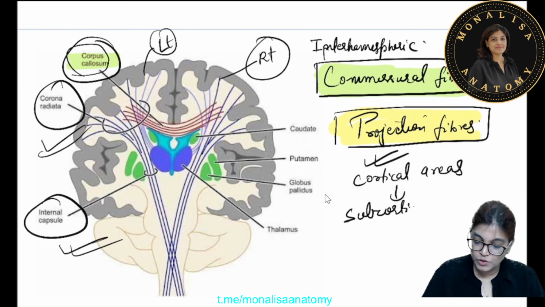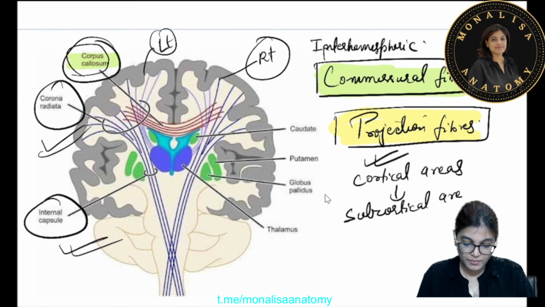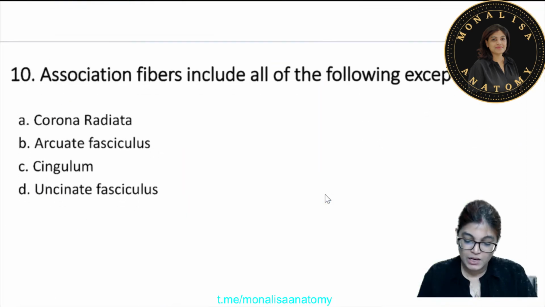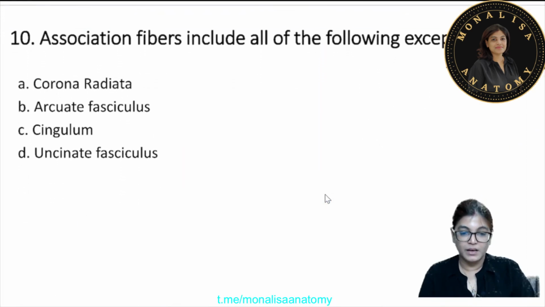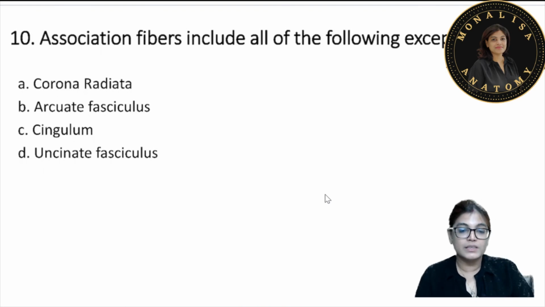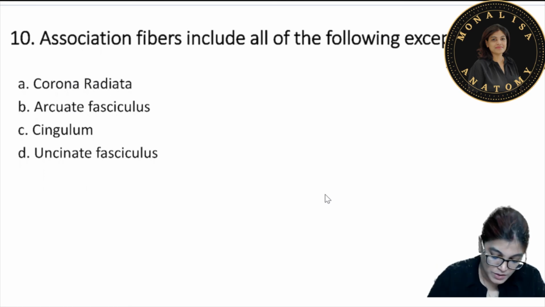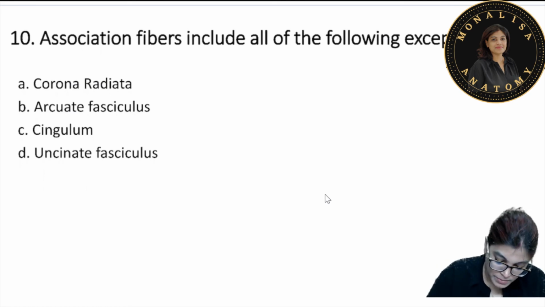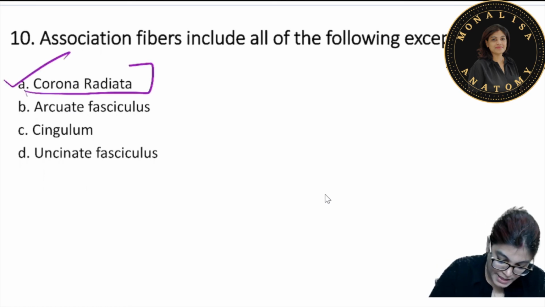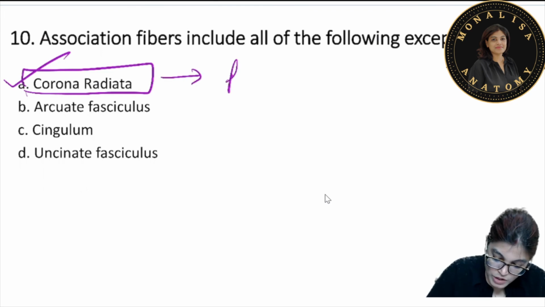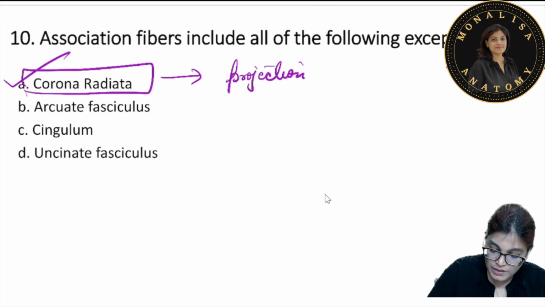So let's move to the MCQ again. Association fibers are all of the following except: uncinate fasciculus, cingulum and arcuate fasciculus are all examples of association fibers. The correct answer is corona radiata. Corona radiata is an example of projection fibers, connecting cortical parts of the brain with the subcortical areas.